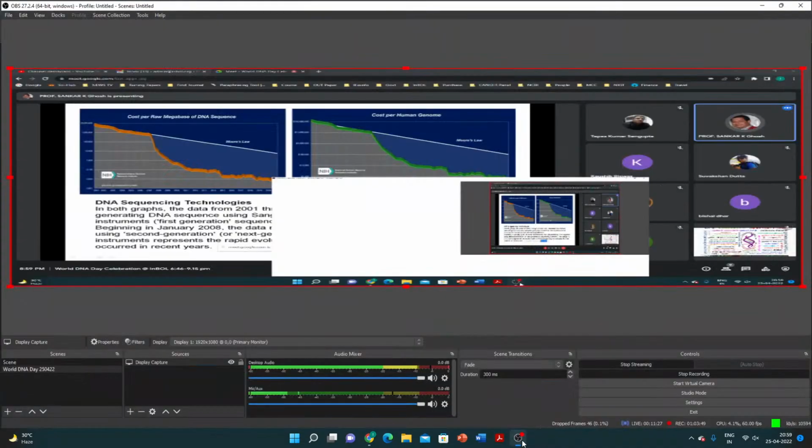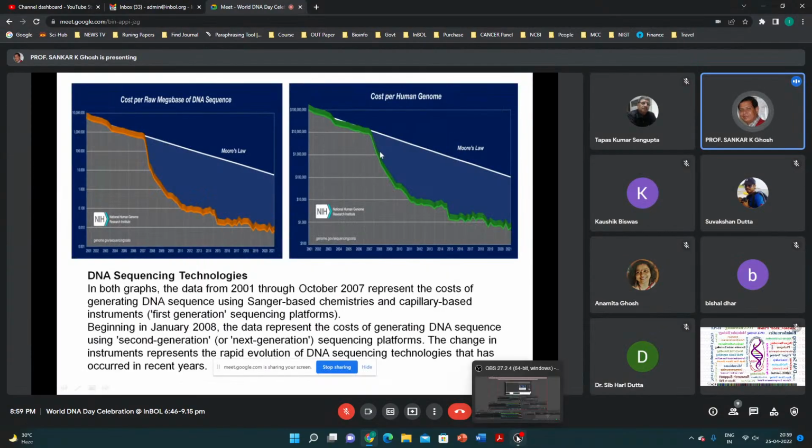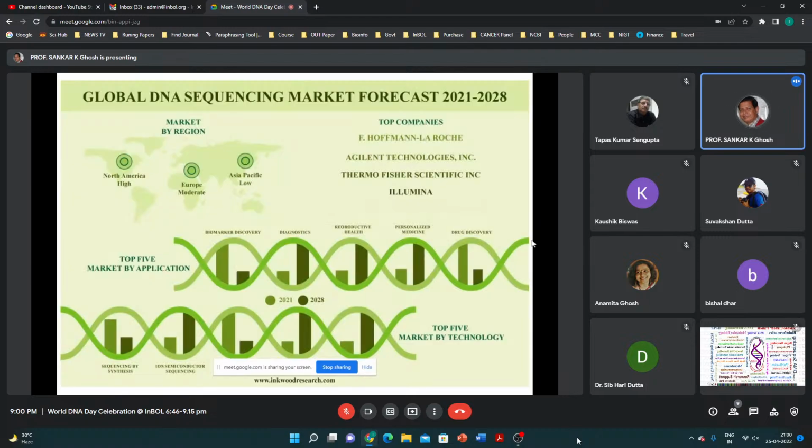From 2006 or 7 onward, the cost per human genome has been coming down very low. In 2021, and coming in 2022 and 23, it will come to only $200, because Hi-Fi Genomics has helped us make this kind of boom.